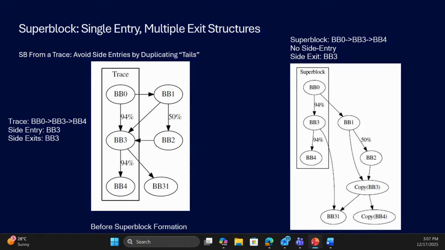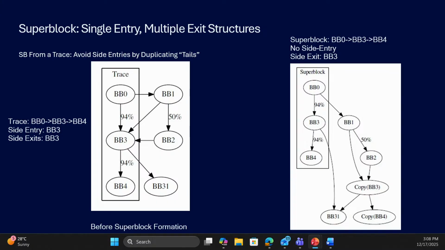Here the branching is increased, and we are replicating copies of BB3 and BB4, right? So you can see that code size increase can happen when we create super blocks out of traces.